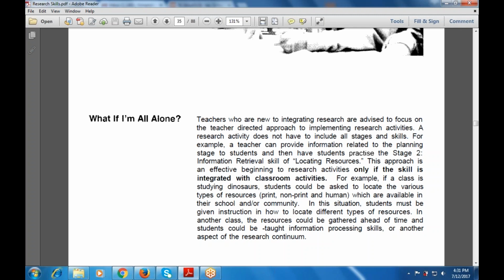So these approaches are used to integrate the research, which provides a focus on the teacher-directed approach.